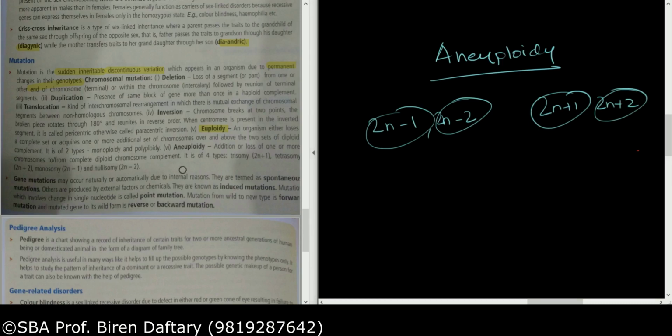So again they have given the 4 types of aneuploidy. Trisomy is when you have one additional chromosome. When you have 2 additional chromosomes, it is tetrasomy. When one chromosome is lost, it is called monosomy, and when 2 chromosomes are lost, it is called nullisomy.